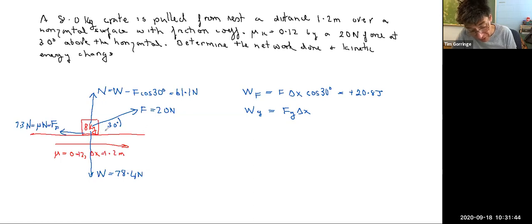And that's 90 degrees. So this is the cosine of 90 degrees. And as you remember, the cosine of 90 degrees, that's 0. This is an example, we talked about it before, where there is a force, there is a displacement, but the force is perpendicular to displacement, so no work is done.